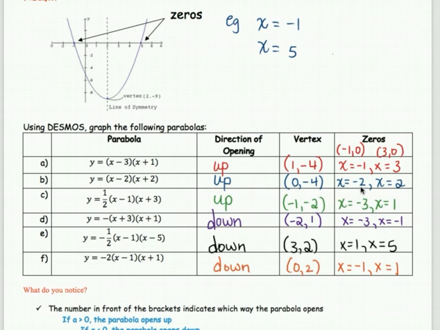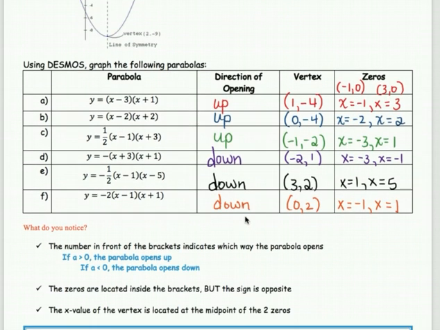Halfway between negative 2 and positive 2 is 0. Halfway between 1 and 5 is 3. So if we find halfway, so just add them and divide by 2, we'll find the x value of the vertex. And then from there, we should be able to find the y value of the vertex using the equation. But again, we'll do some questions like that and you'll see what to do.